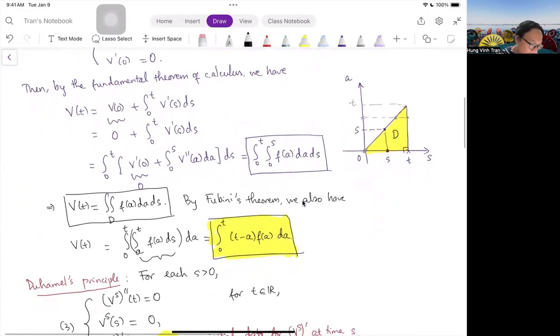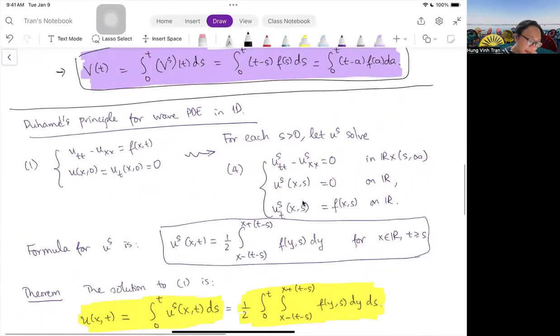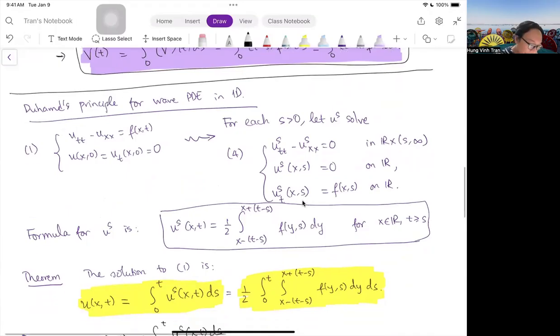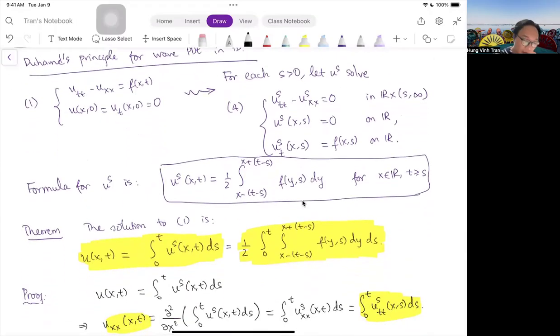That was demonstrated through the ODE, but basically you put u^s_t(x,s) equals f(x,s), you solve for u^s, and then you integrate u^s(x,t) with respect to ds for s from 0 to t to get the result. Okay, so let me stop.